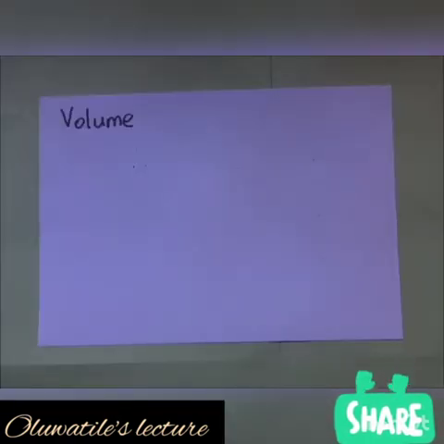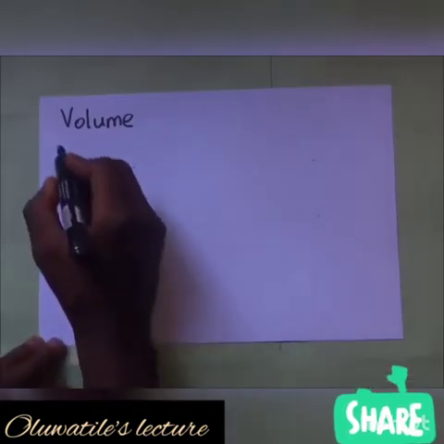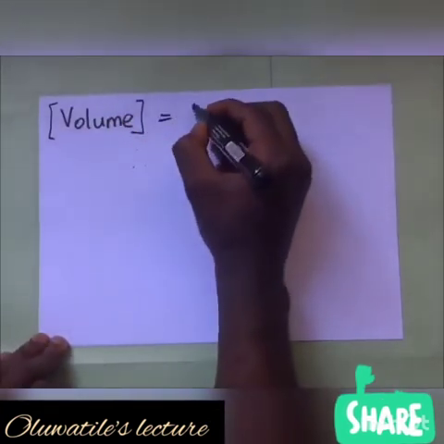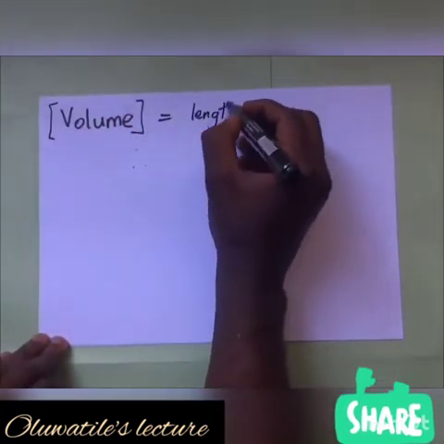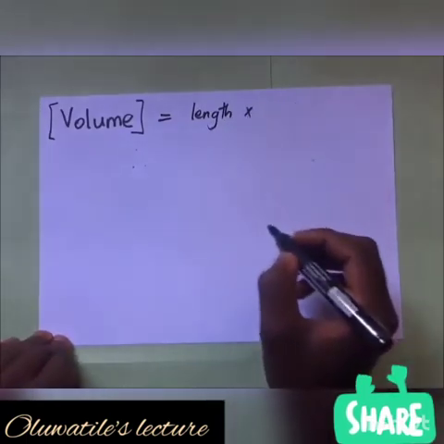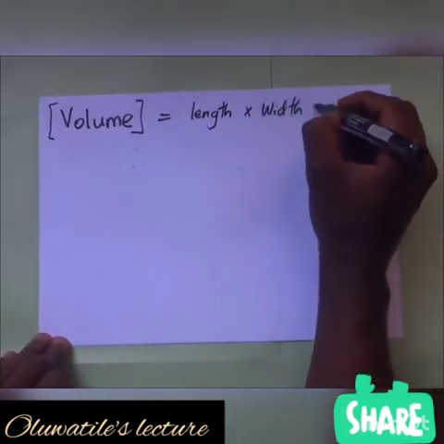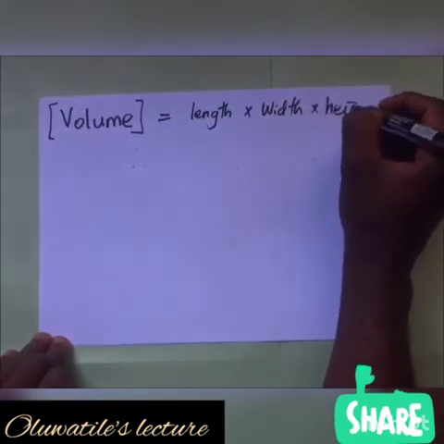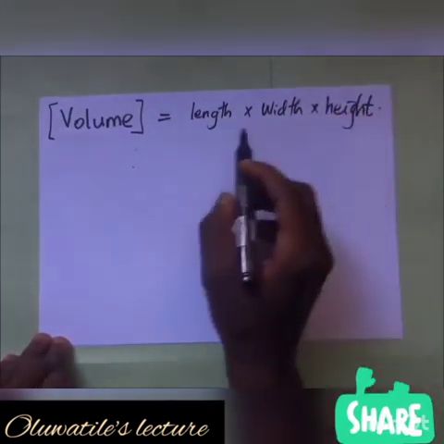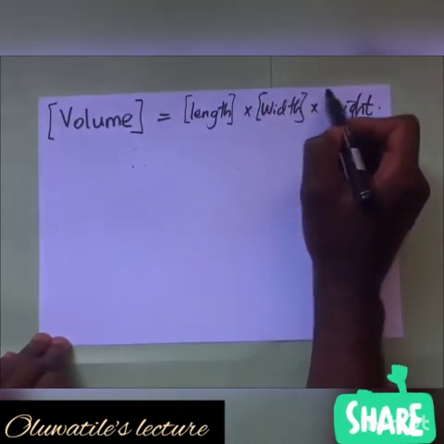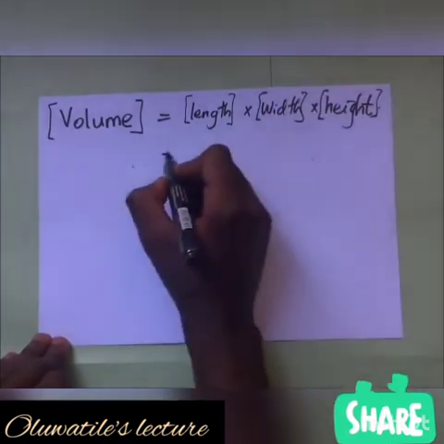Let's look at volume. We know that volume is given by length times width times height. What are the dimensions of length, width, and height?